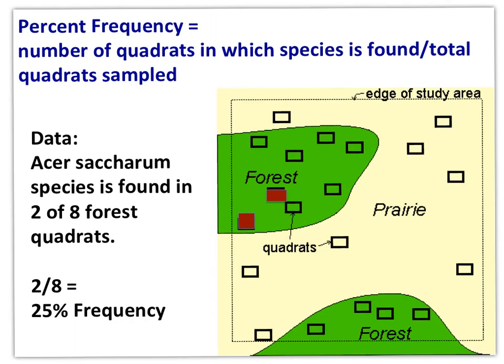Now, percent frequency is the number of quadrats in which the species is found divided by the total number of quadrats sampled. For example, if sugar maple is found in 2 out of the 8 quadrats in a forest, the percent frequency is 25%.